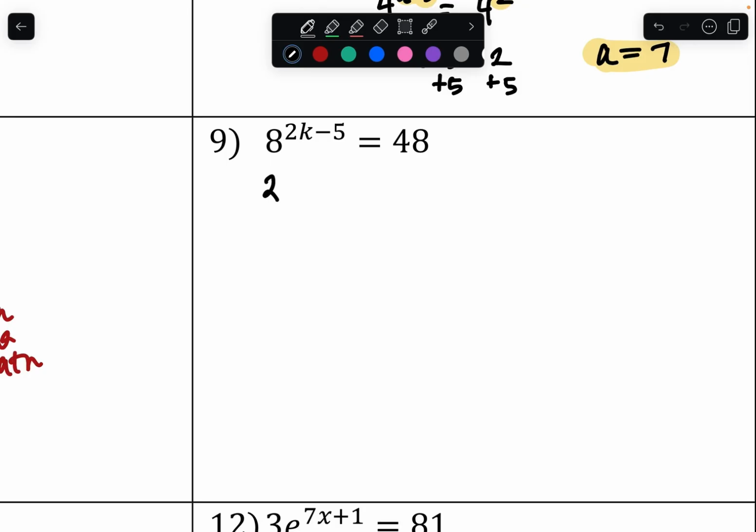We can even drop down to 2, but then 48 is also not a power of 2. And so try to get a common base, and if it's not working, that's when you can convert to log. And so log base 8 of 48 equals 2k minus 5.